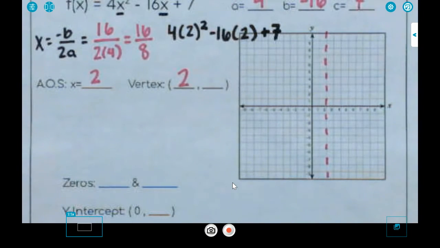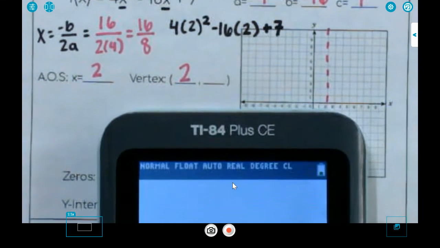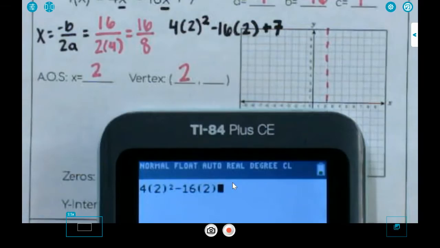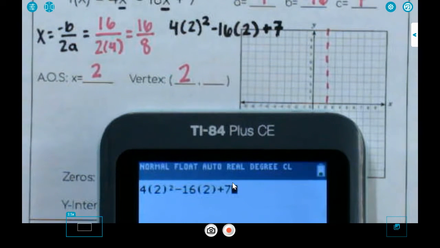Now that we've got 4 times 2 squared, I'm going to have to know that I need to do order of operations and do the 2 squared first. If you want to put it in a calculator, you can do that as well. So it'd be 4, open parentheses, 2 squared, minus 16 times 2 plus 7. And that will give me negative 9.